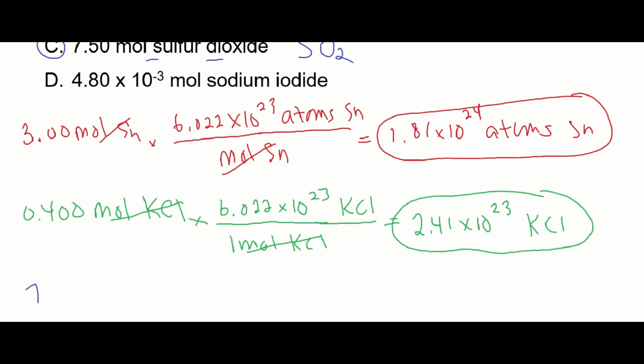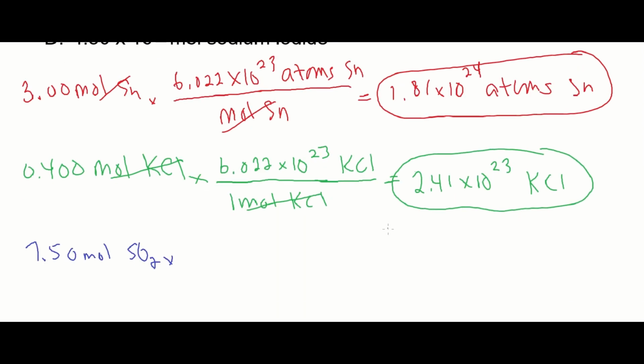Let's start with what we're given, 7.50 moles of sulfur dioxide. Set up our conversion factor to get rid of moles. And the representative unit for SO2 is the molecule.